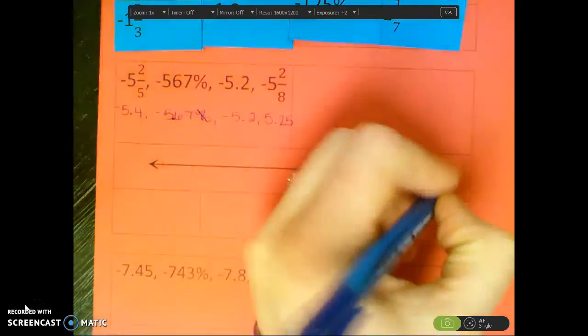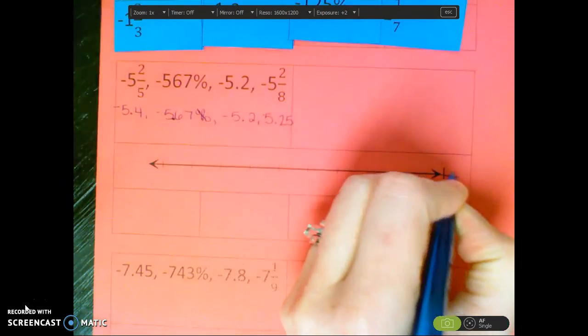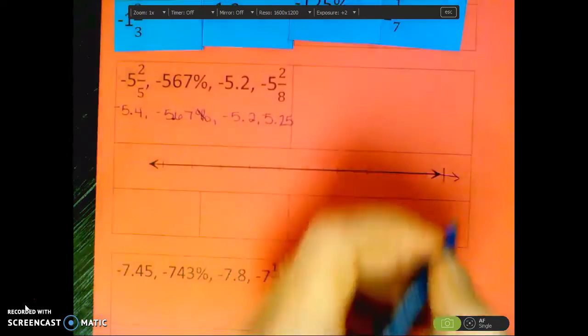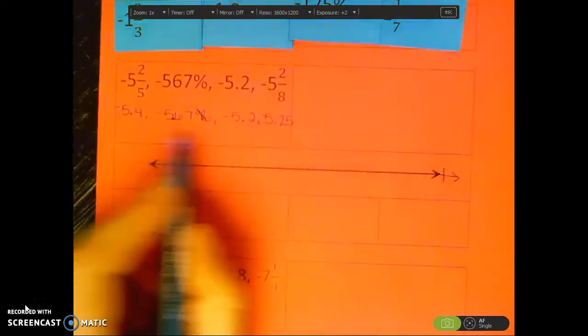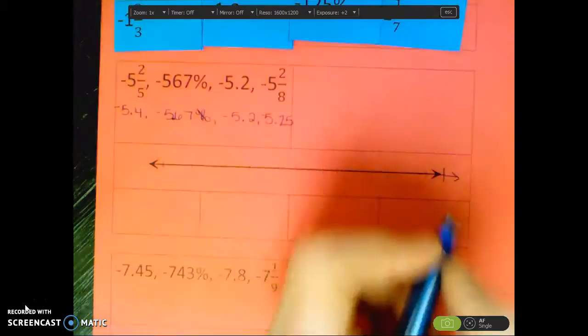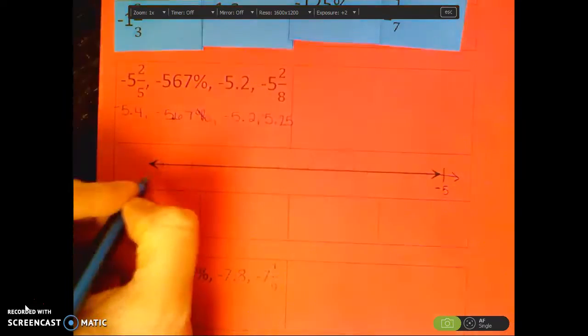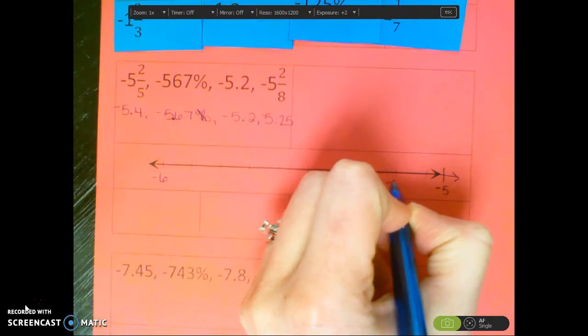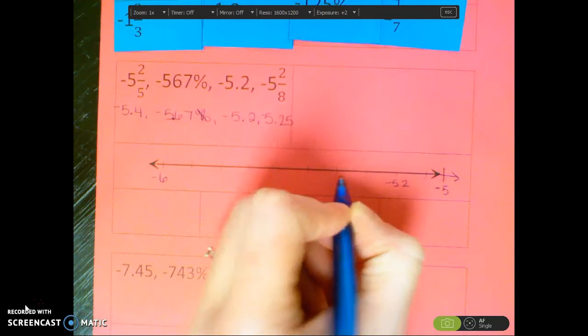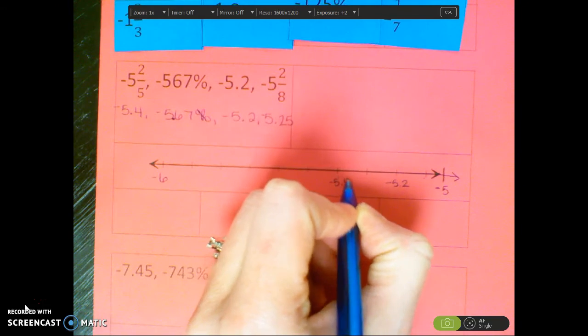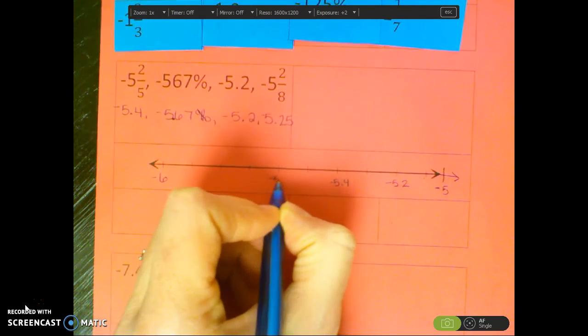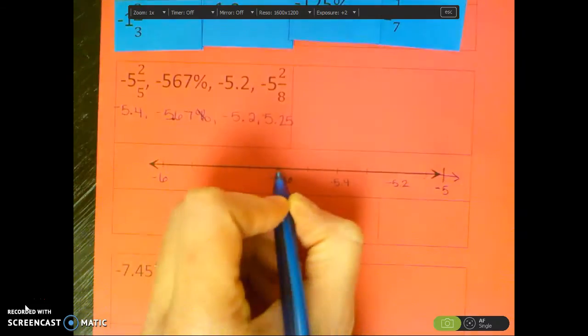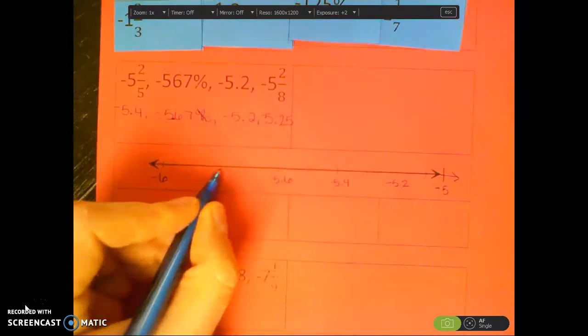Now I'm going to graph these, and remembering last time that I needed just one more piece, I'm going to throw that piece there. So now all these numbers are between negative 5 and negative 6. So negative 5 is going to go here, negative 6 is going to go here, negative 5.1, negative 5.2, negative 5.3, negative 5.4, negative 5.5, negative 5.6, negative 5.7, negative 5.8.